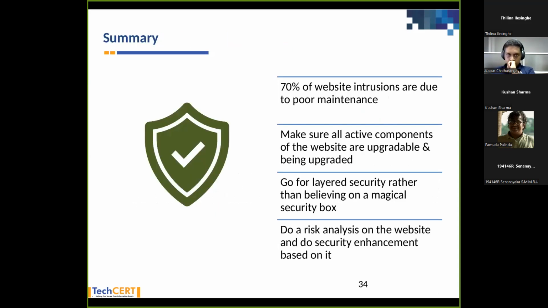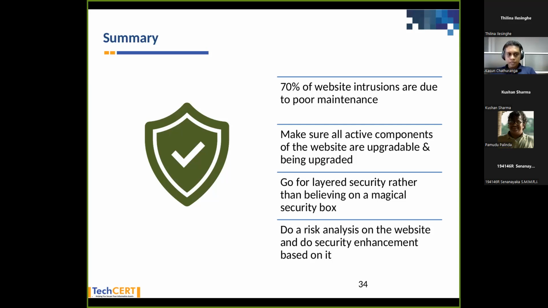So we are almost at the summary. Basically, 70% of website intrusions are due to poor maintenance, and the website should be made in a way that it is upgradable in almost every component, core, plugins and whatever else.